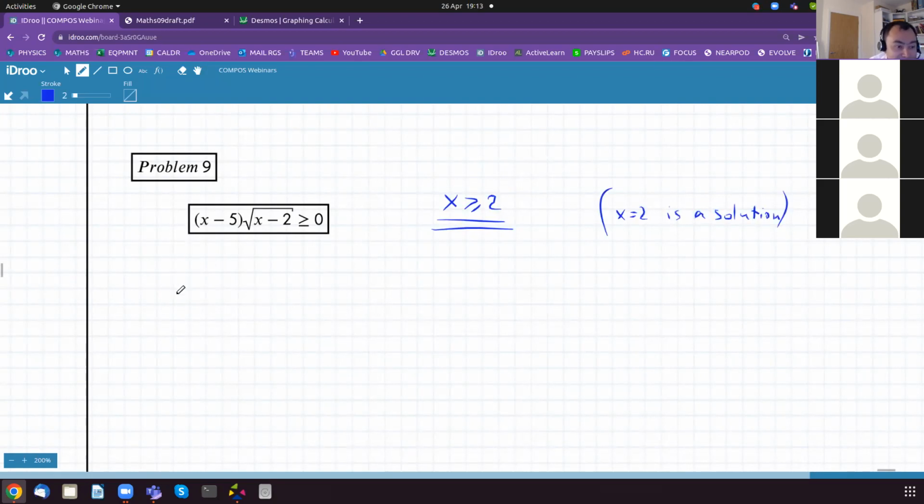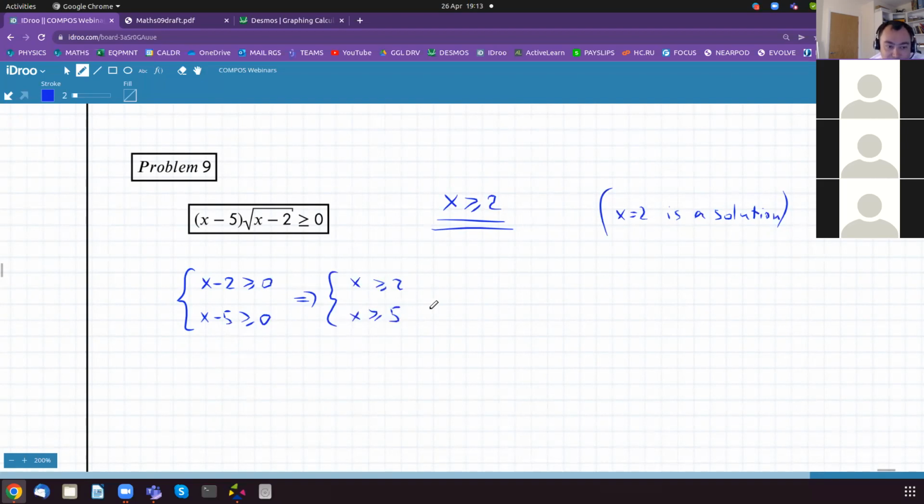And here we can say, well, this inequality is equivalent to this: x minus 2 greater or equal to 0, and x minus 5 is greater or equal to 0. So this means that x is greater or equal to 2, x greater or equal to 5.